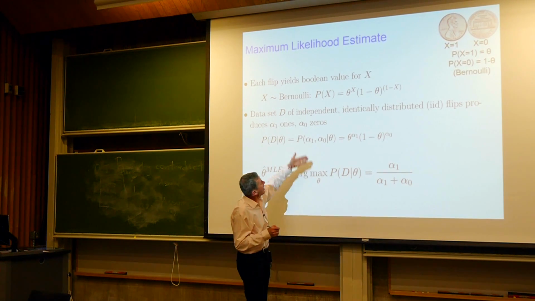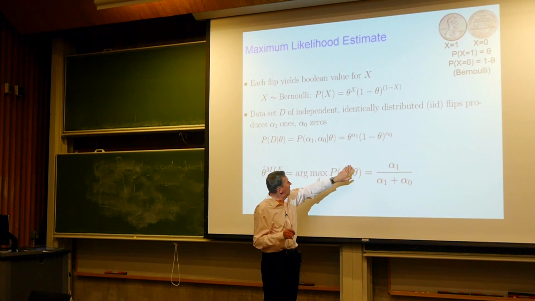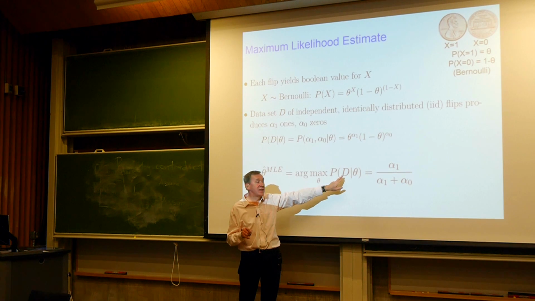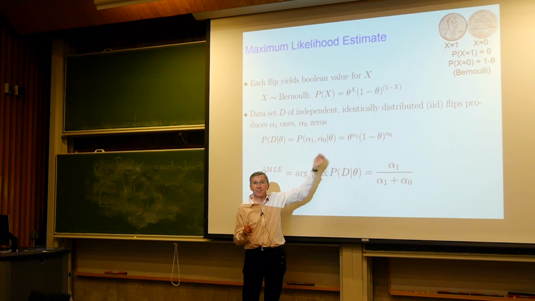But now we know that it actually follows this principle, that it's also the value of theta that maximizes the probability of the observed data, the alpha 1 and alpha 0.